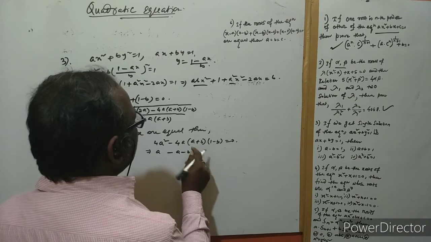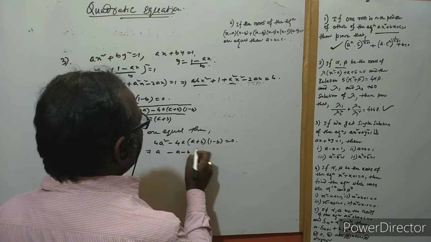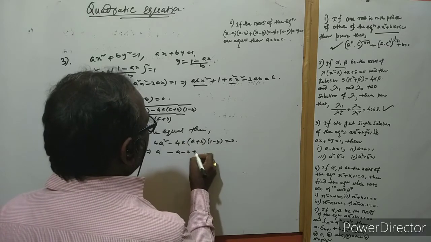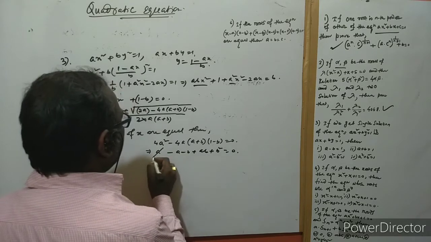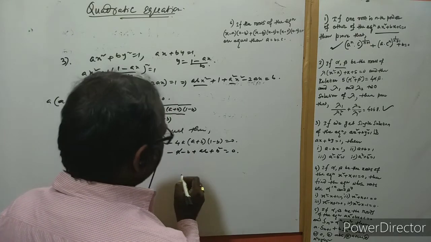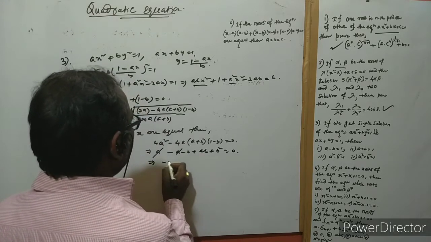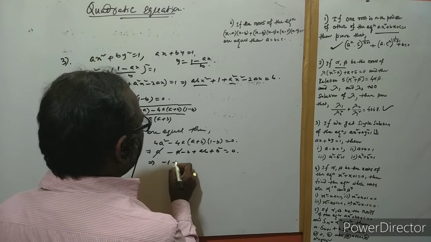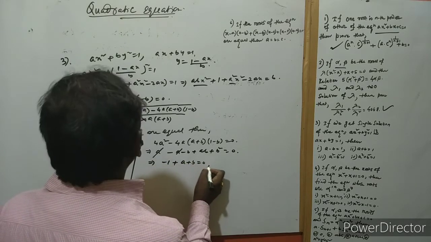Take a common here and multiply with b times of that, minus a plus b. Actually ab plus b square, okay, equal to 0. So we got the relation. A cancel. So now take a common b here, and then we get here minus 1 plus a plus b equal to 0.